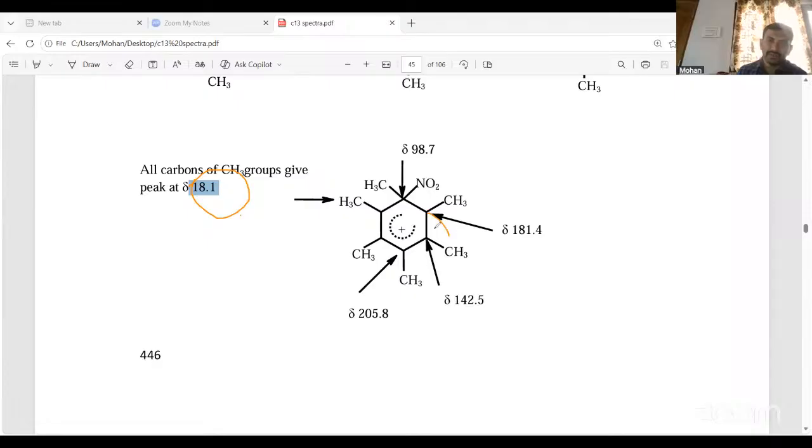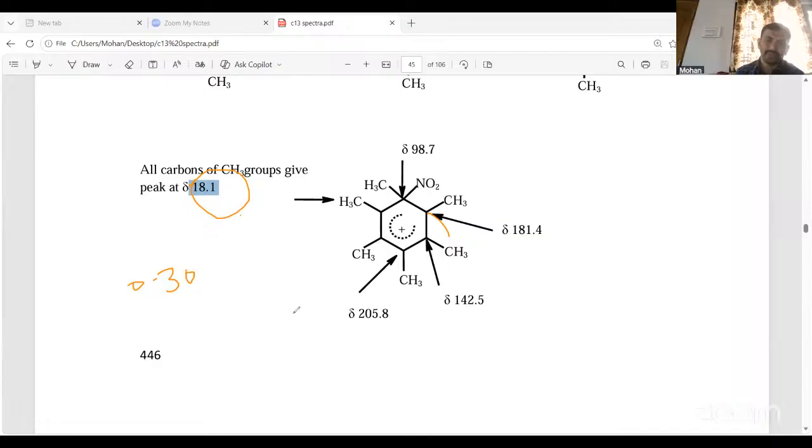So all the carbons are showing 18.1, right? Delta value. So generally the 18.1 delta value is in the alkane range, isn't it? In C13, the alkanes are like 0 to 60. Okay, 0 to 60 is alkane, and the other types are above that, right? So very low means 0 to 30 or 0 to 60. That is the range of the alkane, meaning sp3 hybridized carbon.